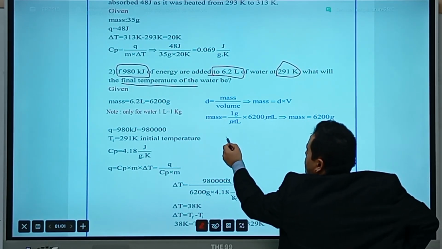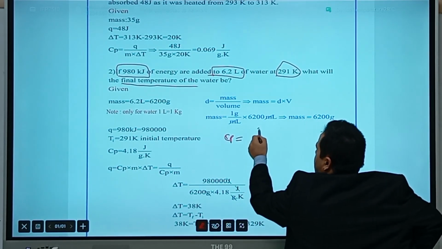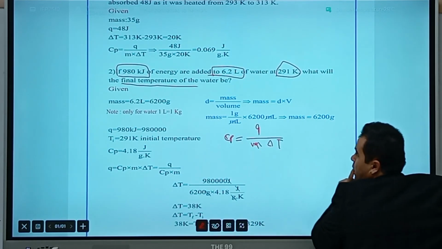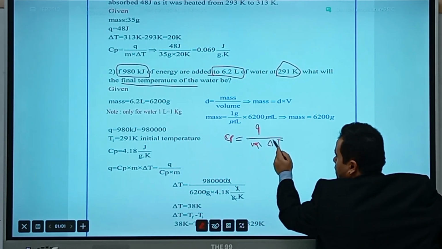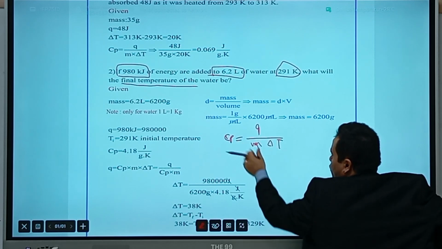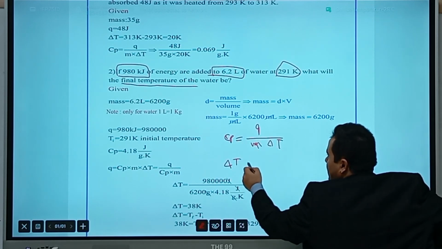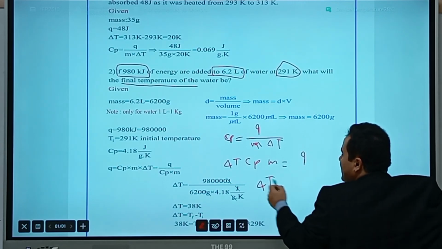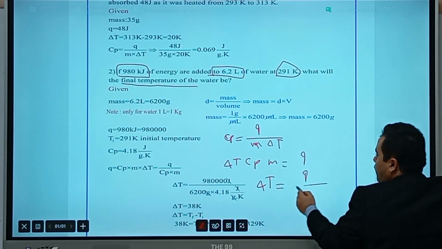Guys, Cp is equal to Q over m delta T. We need T final, so take the delta T to the other side. Delta T Cpm is equal to Q. Delta T is equal to Q over Cpm.